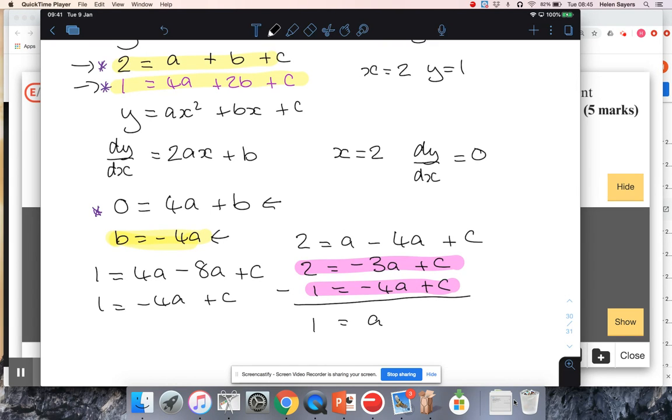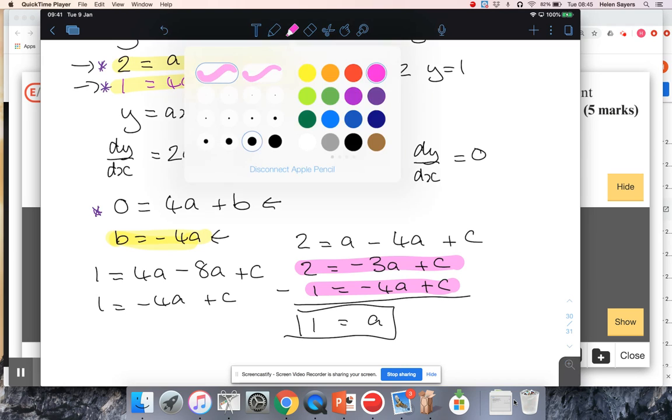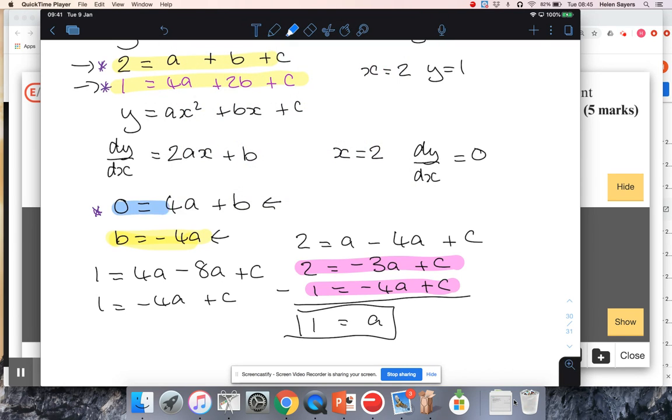Okay, so there's my value for a. Then if I go back here, in fact, why don't I use this one because it's already rearranged. b is minus 4a, so b is minus 4 times 1, so minus 4.